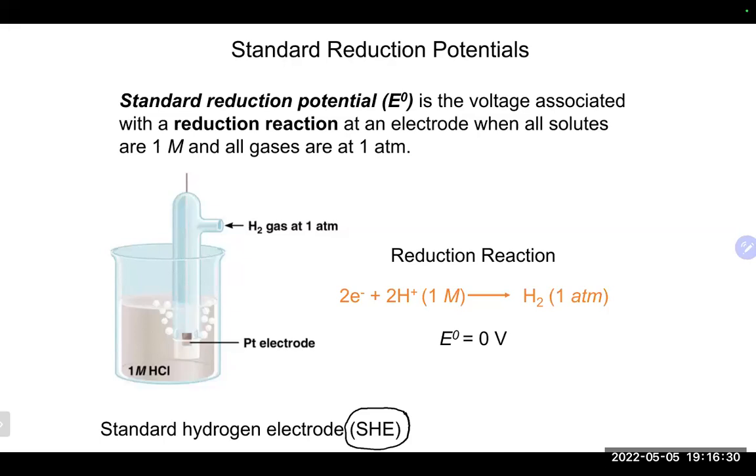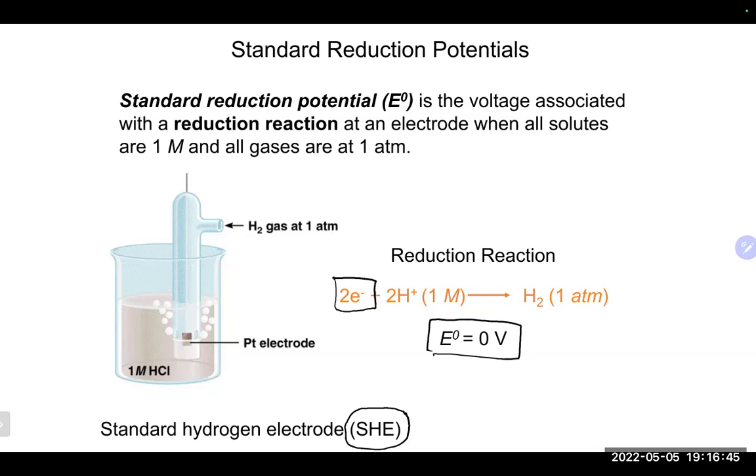They assigned it a value of 0 volts. So the reduction potential for hydrogen, and again, we see this is a reduction reaction with electrons on the reactant side, has a standard reduction potential of 0.